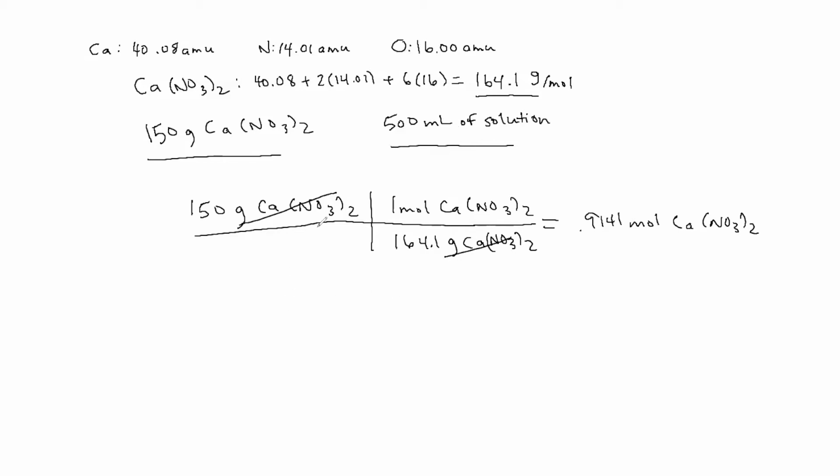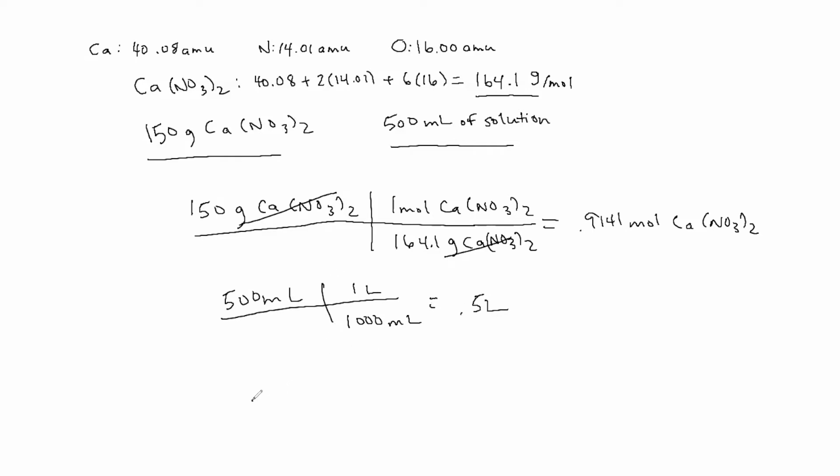We're not given liters of solution, we're given milliliters of solution. So we do need to convert that to liters. We know that for every 1 liter, we have 1,000 milliliters. And so that gives us 0.5 liters of solution, right?